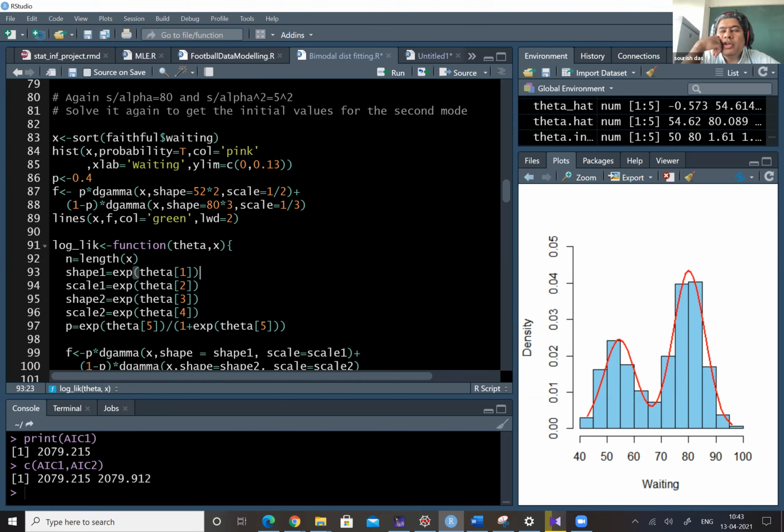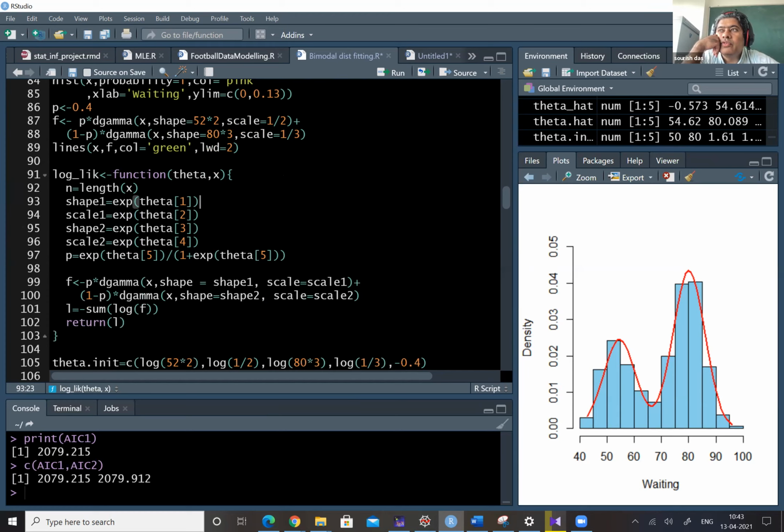There is a property of the gamma distribution which says that if shape and scale become larger and larger, then the gamma distribution starts behaving like a normal distribution. So that's why modeling two gamma almost behaves like two normal. Anyway, that's just a side comment.